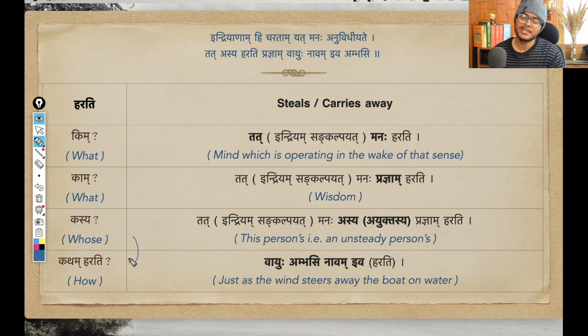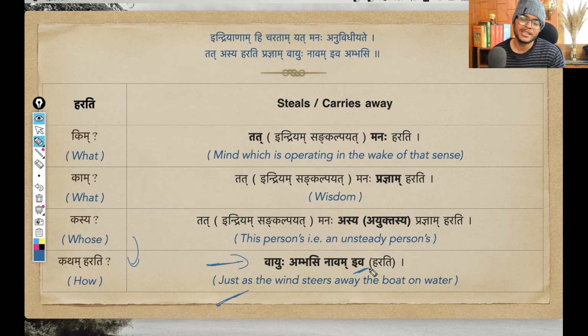And then lastly, to emphasize this point, Katham Harati, in what fashion, how does the mind carry away the wisdom of such a person? That is why we have this indicatory avyam Iva. Iva means just as. We use this Iva whenever we are giving a simile, whenever we are making a comparison. So, Manaha Katham Harati, in what fashion does the mind carry away or steal away?